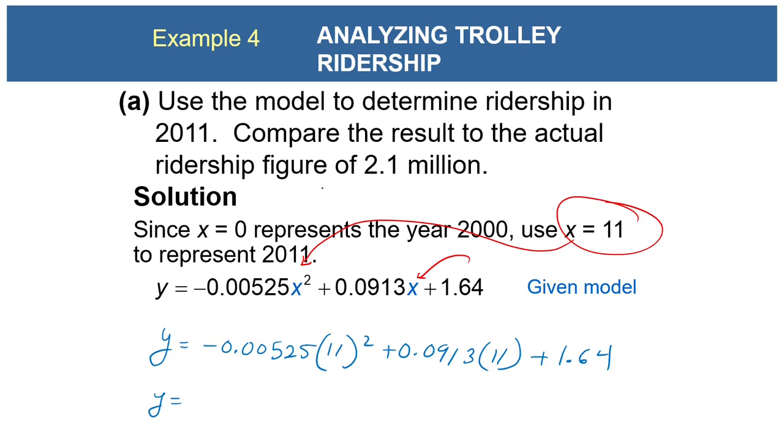I got 2.00905, and remember this is in the millions, so this is approximately 2.0 million. So we have about 2.0 million people riding this trolley in the year 2011. And that's pretty similar to what we expect. We expected about 2.1 million.